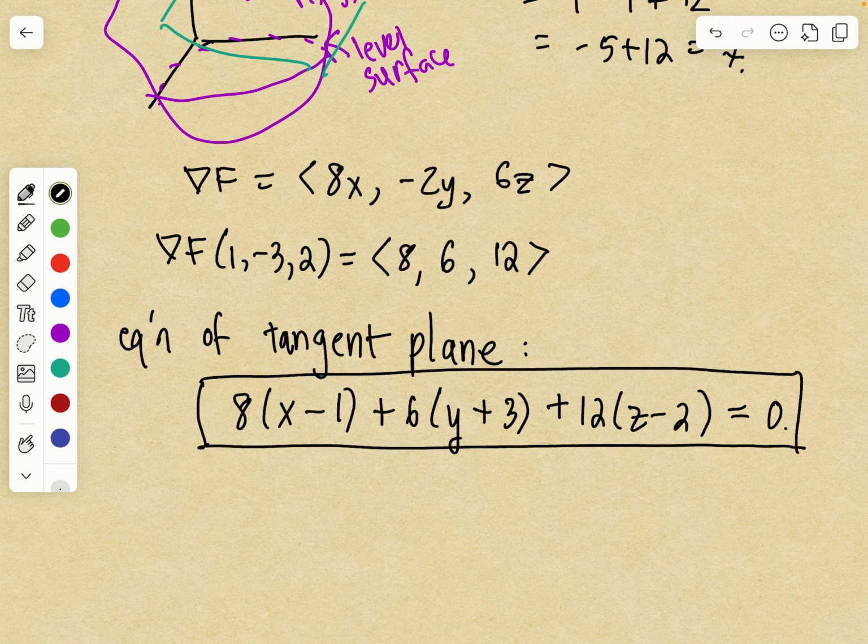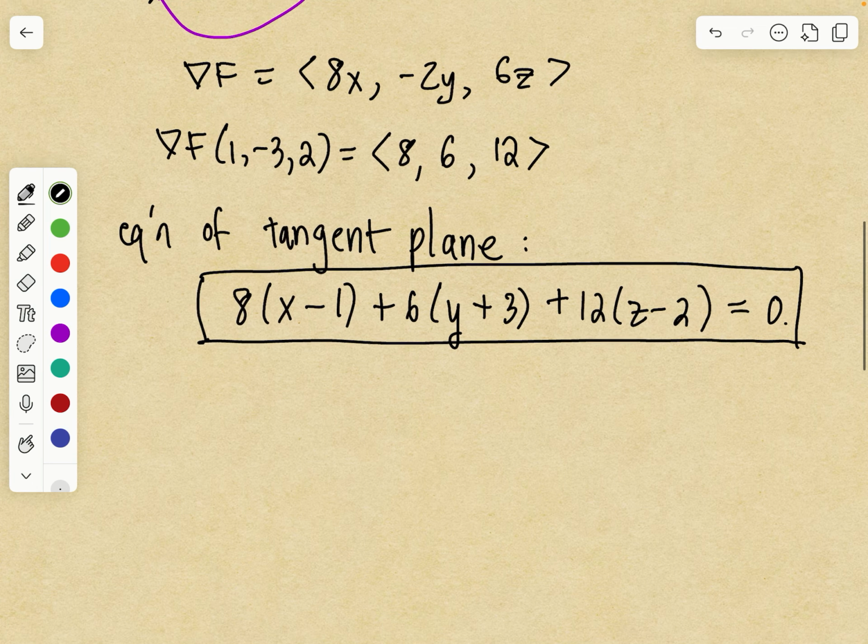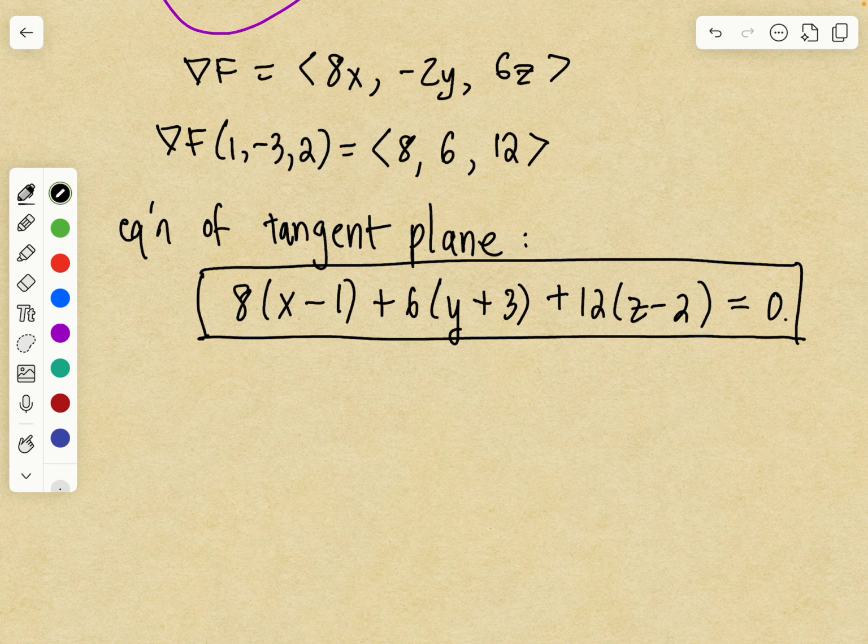And depending on your instructor, they may not want you to leave it in this form because it isn't really a standard form. A more standard form would be like ax plus by plus cz equals d.